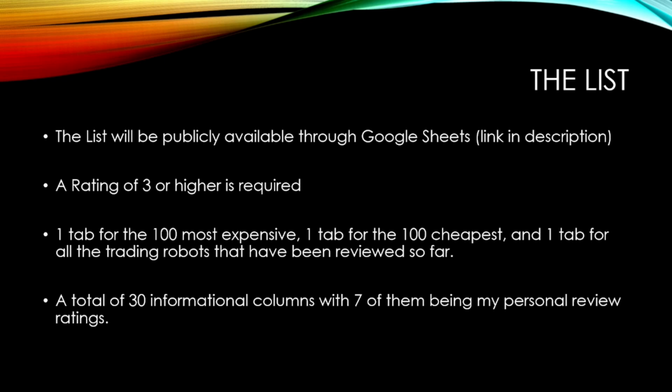Or if you want a grid trading strategy, you can go and sort for that. So all of these informational columns will just make it a lot easier for you to get the type of trading robots that you're looking for. And I hope that this will provide a lot of value for you guys.